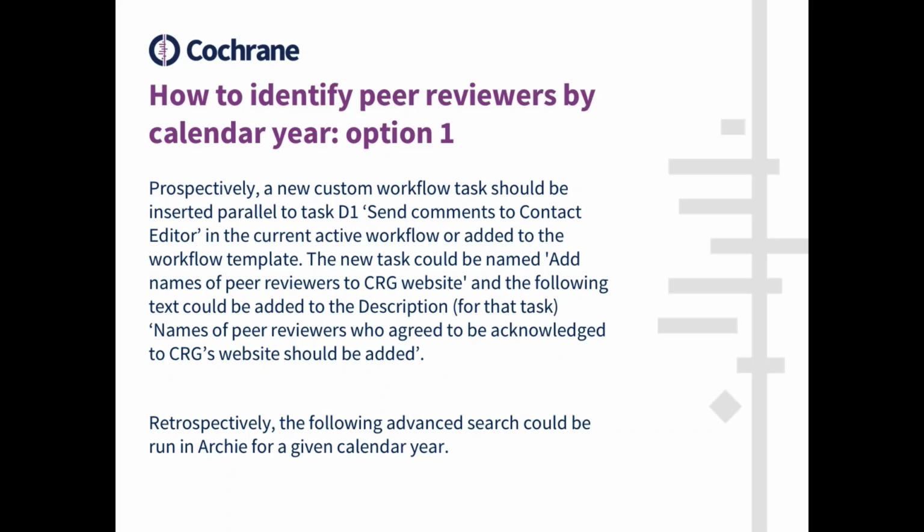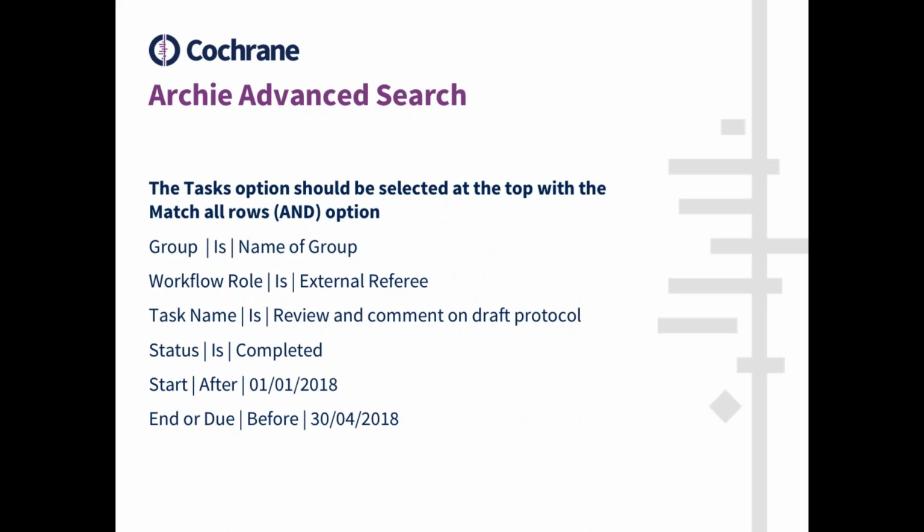This task, and the idea behind it, is to prompt you to add the names of the reviewers to your website. In some ways, it's entirely up to you. It's easier to do this as the year progresses, but it is possible to run an advanced search in Archie for a given calendar year and add those names retrospectively.